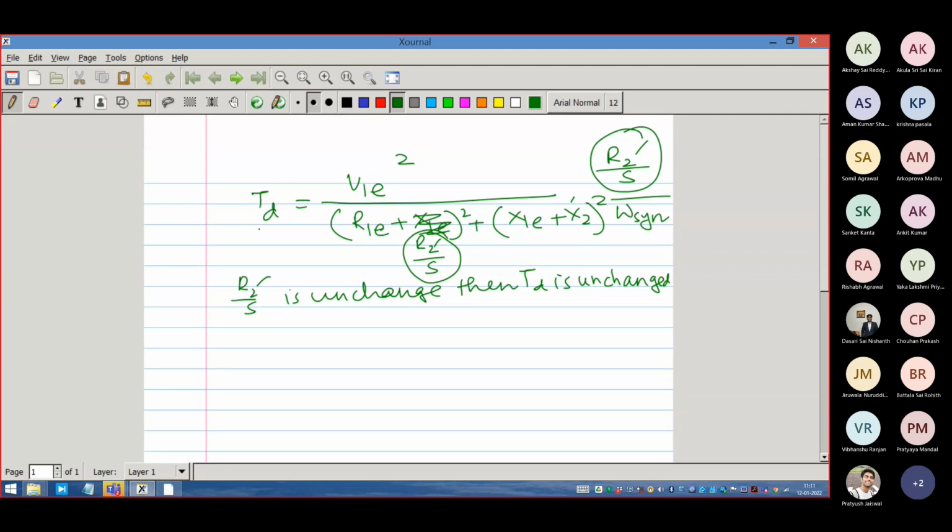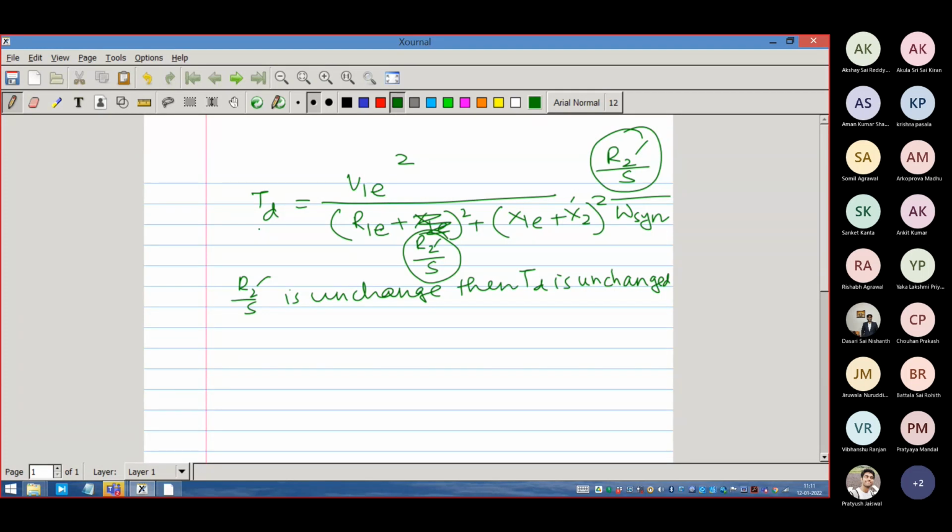In fact, it is a better thing because it can be shown that the rotor copper loss is less. The current is the same as long as you keep the R2 dash by S ratio the same, but the loss is I square R2 dash. So the physical value of R2 dash should matter when we think about the loss.